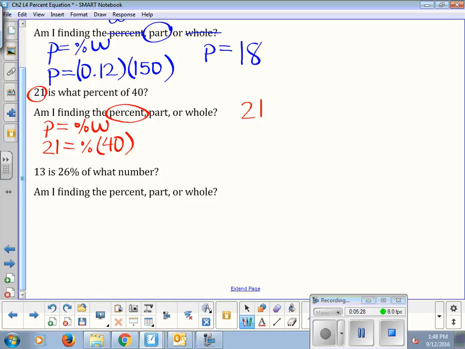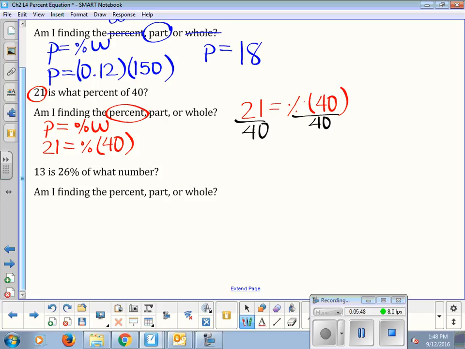In order to get the percent by itself, we need to get rid of this 40. This operation right here, we're doing what to our percent? Multiplying. To undo it, we need to do the opposite, which is divide. We're going to divide both sides by 40.